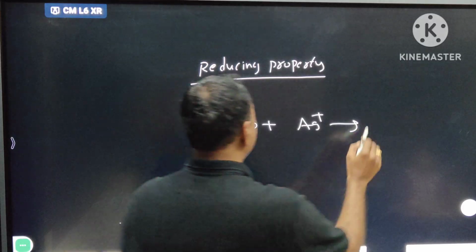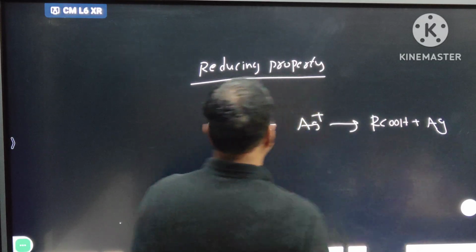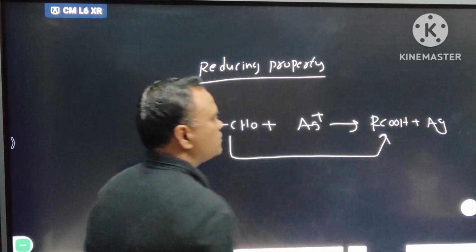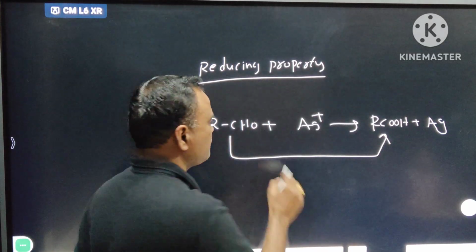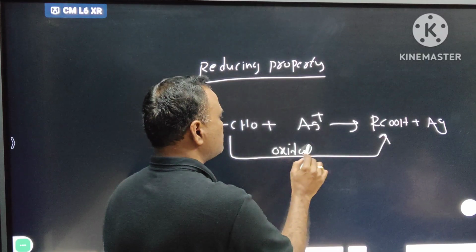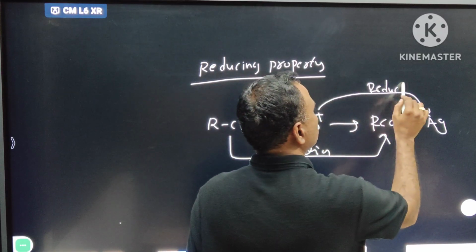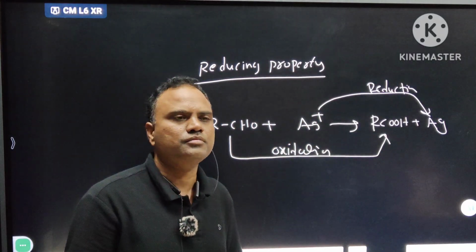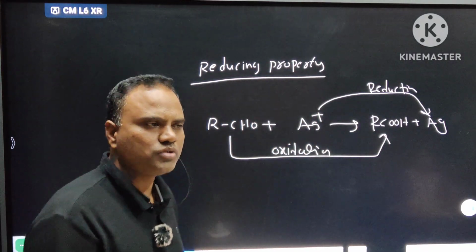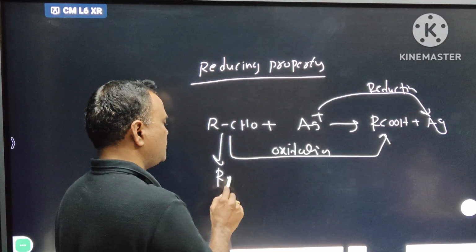Look at this, what is happening here? The aldehyde is undergoing oxidation, correct or not? Oxidation. Ag plus is undergoing reduction. The one which undergoes oxidation is called the reducing agent.